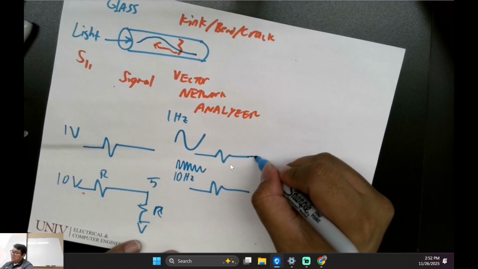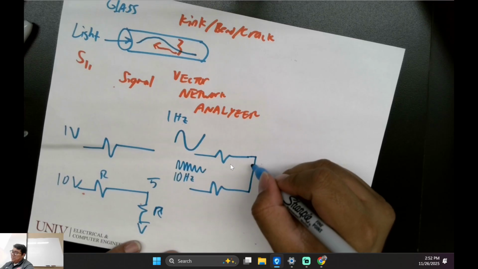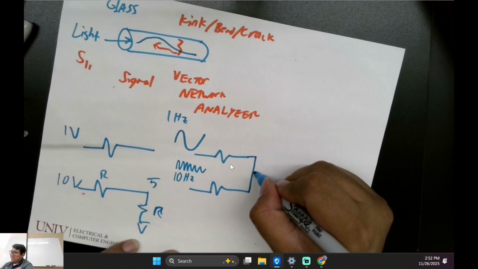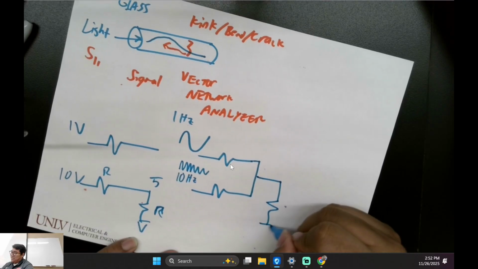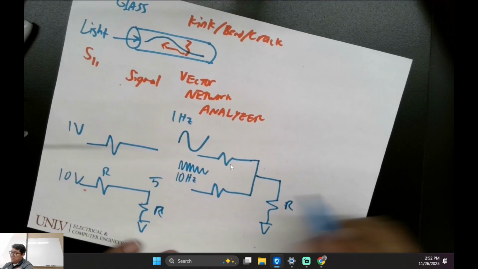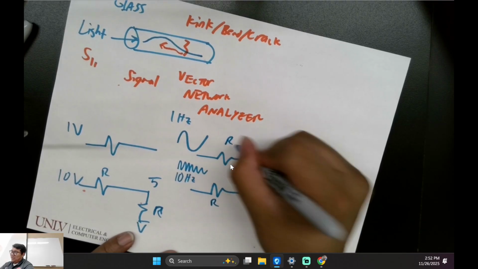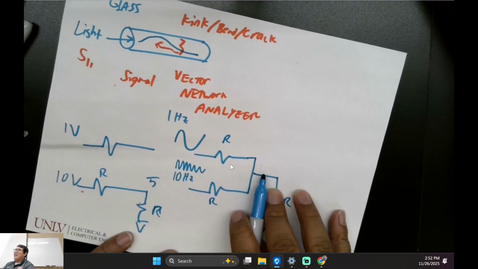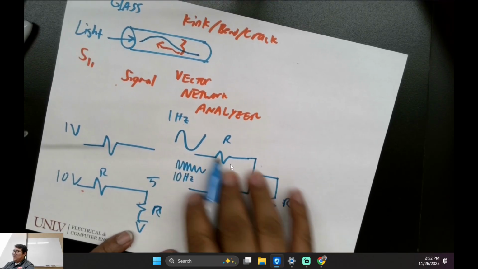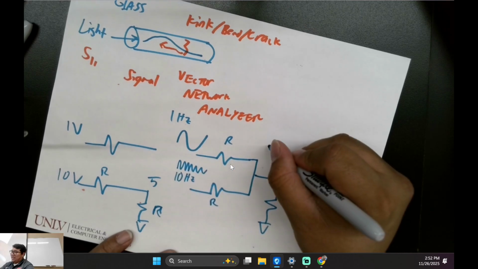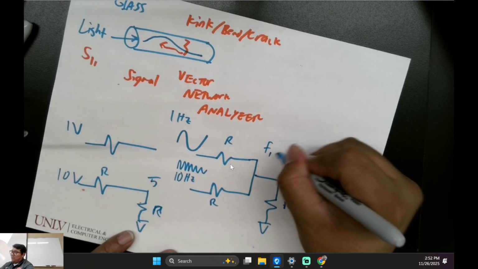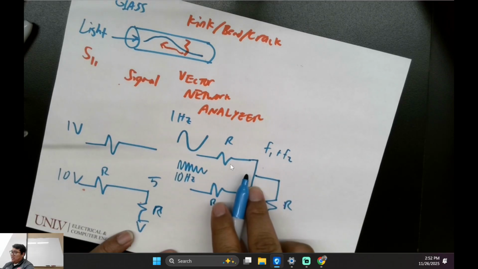You can mix them into one point. If I have this resistor right here, R, and this can also be R, this signal is just going to be adding these two signals. So you're going to get F1 plus F2.